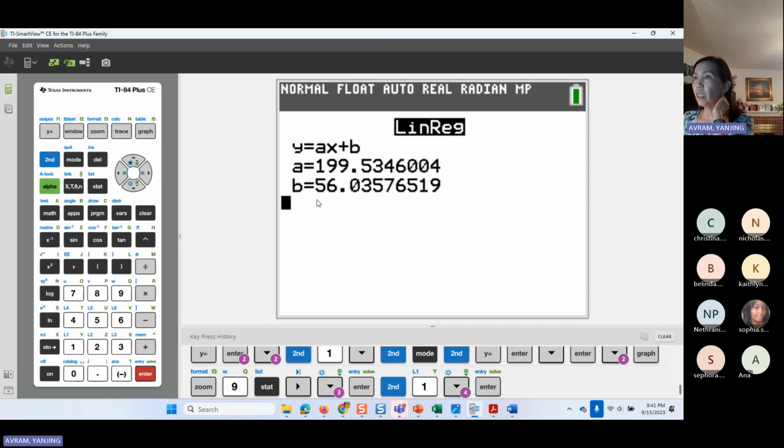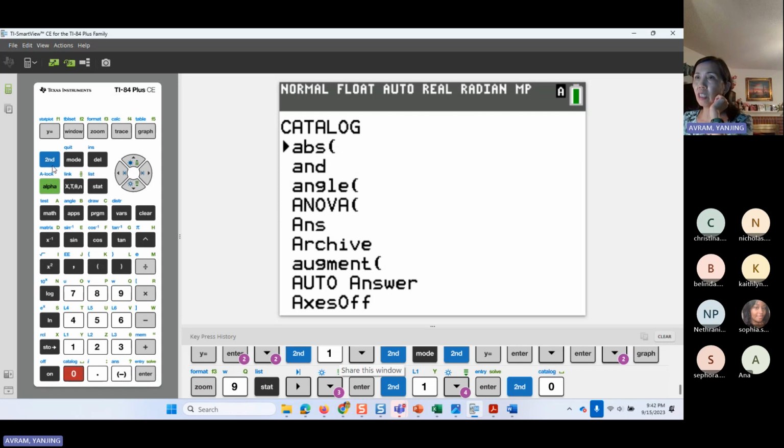So basically a is 1.9546, and b is 56.035 something, right? But this didn't show R, so in order to turn on R, you go to second, catalog. Okay, second zero is the catalog. All right.